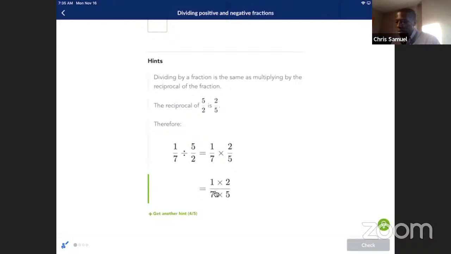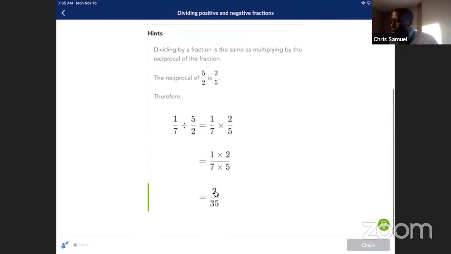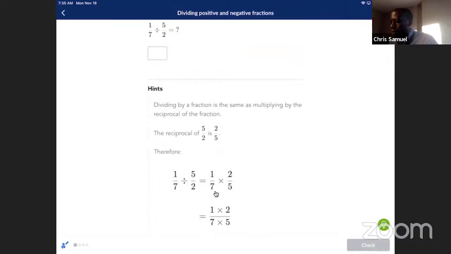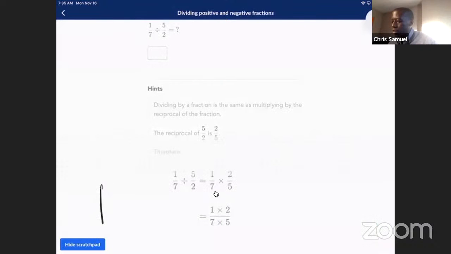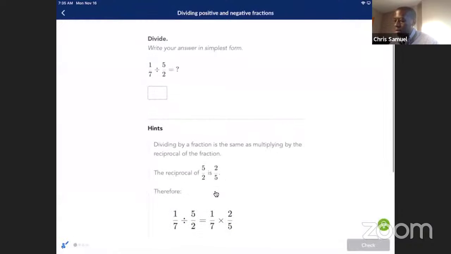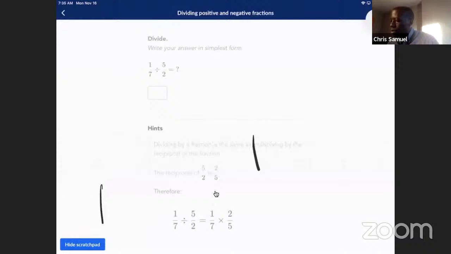So basically we flip it, and then we multiply across, and then you have 2 over 35. Let's make sure we understand that process. We have 1 over 7 divided by 5 over 2.